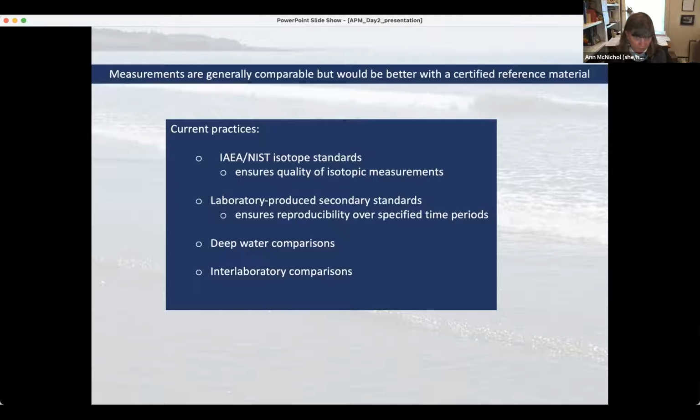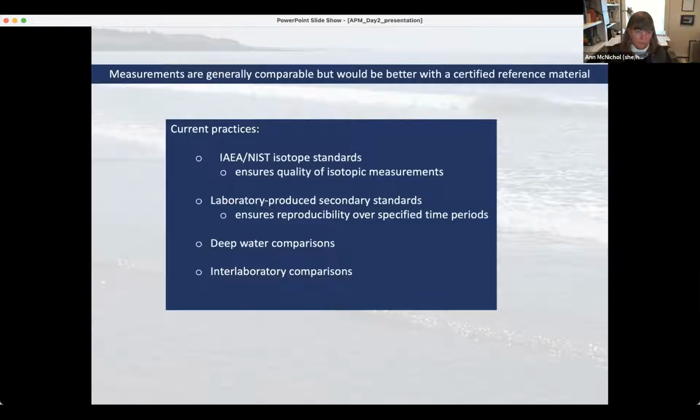As we heard yesterday, the current practices are to use IAEA and NIST isotope standards, as well as laboratory produced secondary standards. And for larger comparisons, there's deep water comparisons and interlaboratory comparisons.